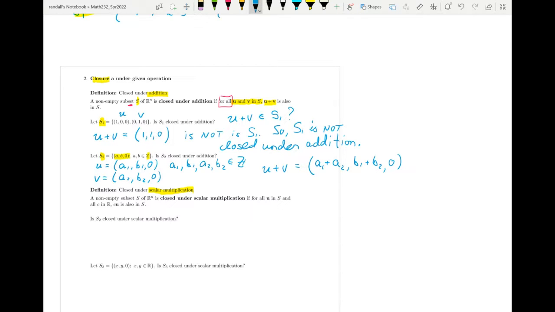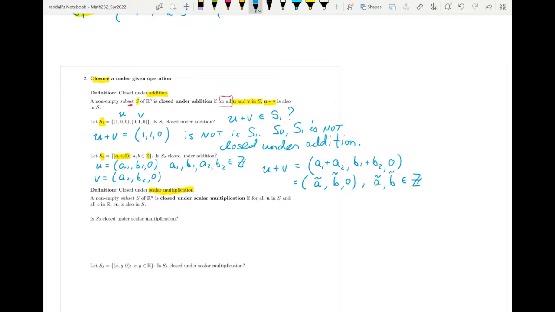So I've added these two vectors, these two arbitrarily chosen vectors from S2. They have this form: first component a1 plus a2, second component b1 plus b2, third component 0. Now I'm going to rewrite that as a tilde, b tilde, 0, where now I see that a tilde and b tilde are integers because when you add two integers, you get another integer. So in other words, a tilde is this integer a1 plus a2. I haven't specified what a1 and a2 are.